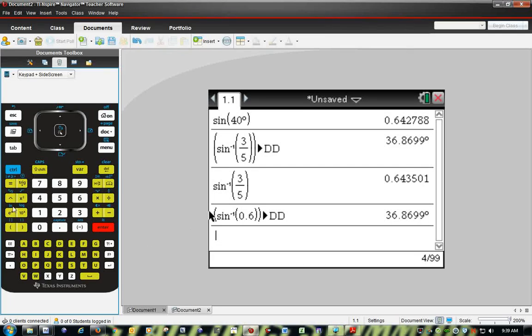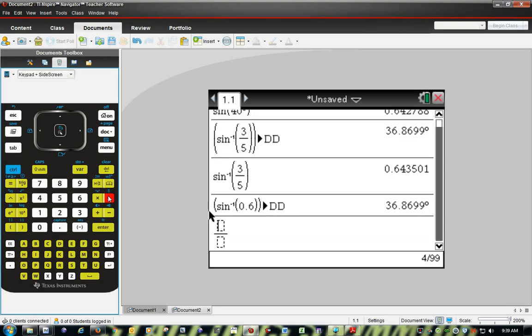So 5715 divided by natural log of 0.5, times natural log of 0.15.